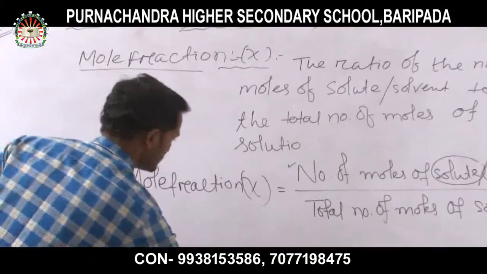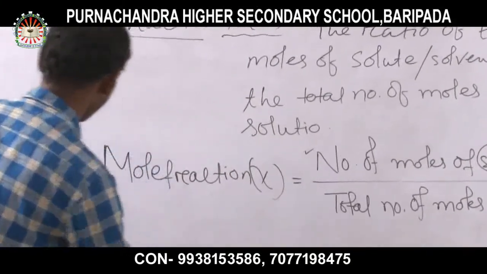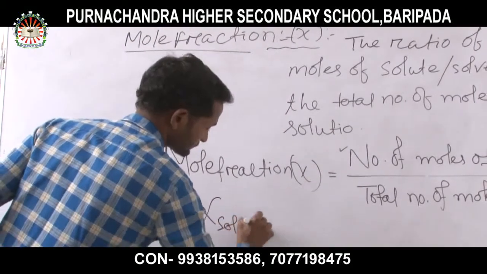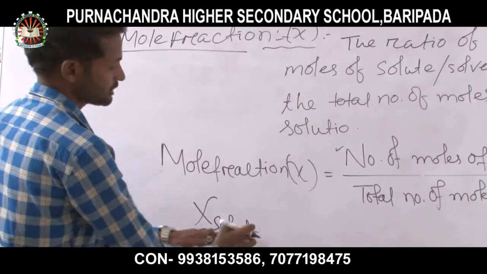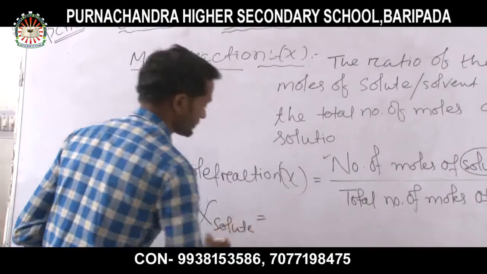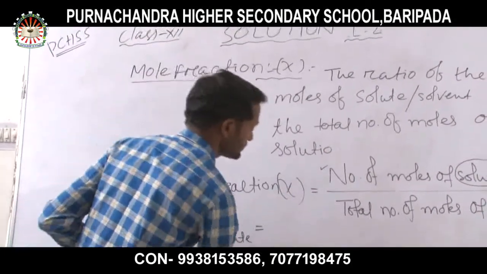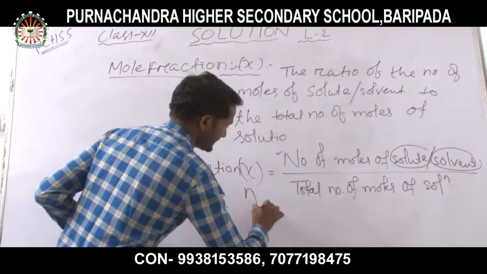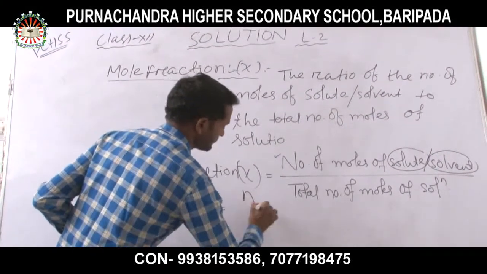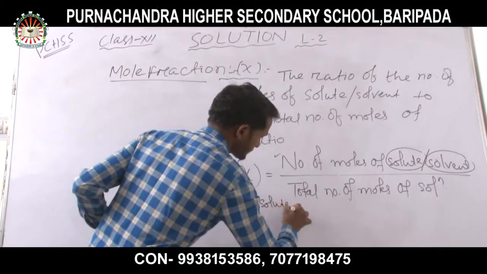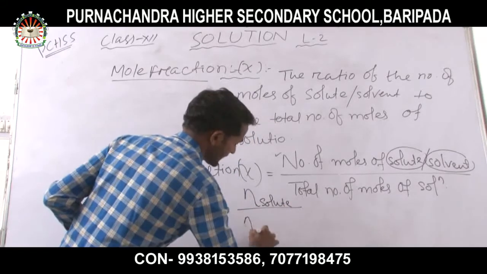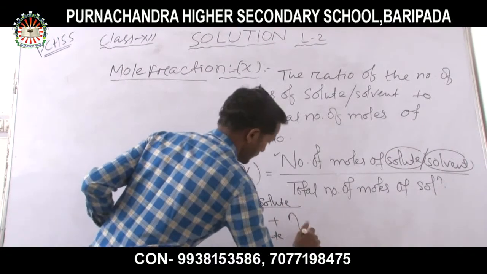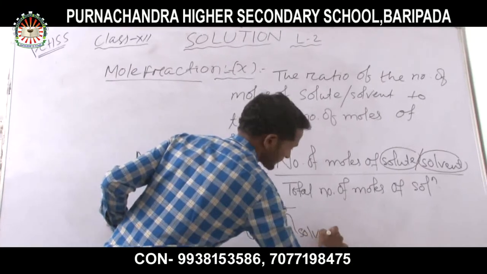Next, the mole fraction of solute, symbolically chi for solute, equals the number of moles of solute, written as n for solute, divided by n of solute plus n of solvent.